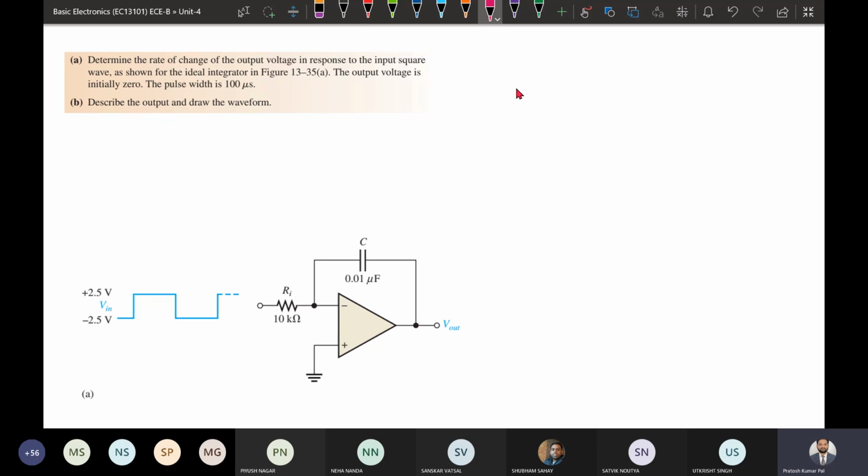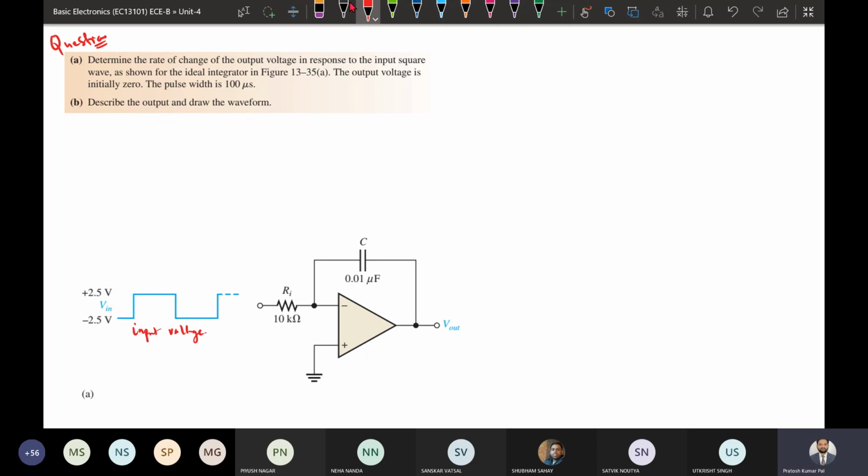Here the question is we need to determine the rate of change of output voltage in response to the input square wave. This is the input voltage, and this is the integrator circuit.